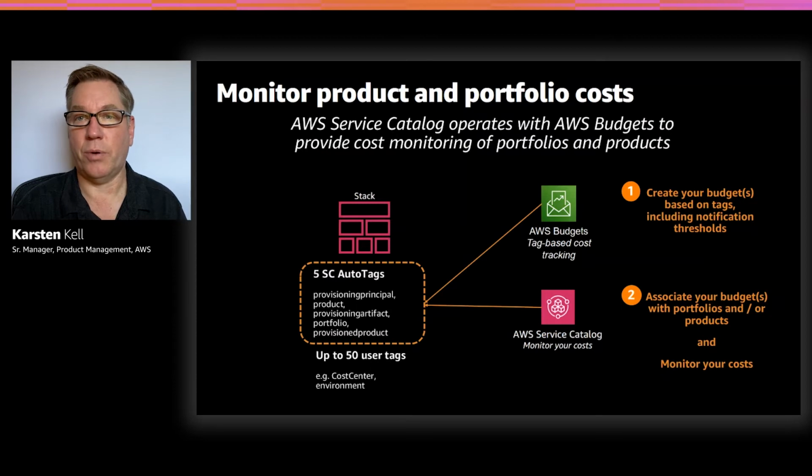So in our console, administrators will be able to see their month-to-date costs for the portfolio or product that they've created a budget for, along with AWS Budgets forecasts for that portfolio or product. So it's a straightforward way to get visibility into how much Service Catalog products and sets of products as defined by portfolios are costing you.